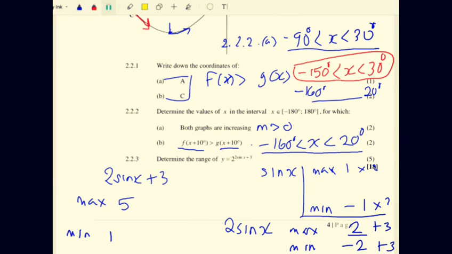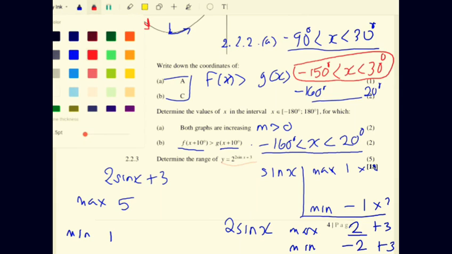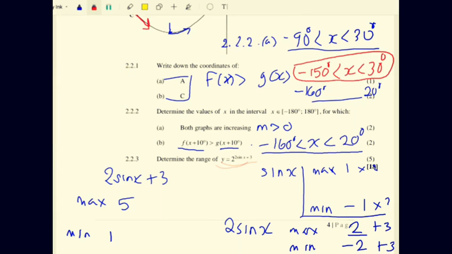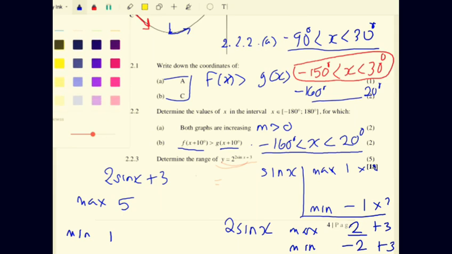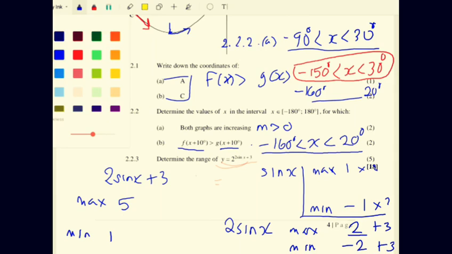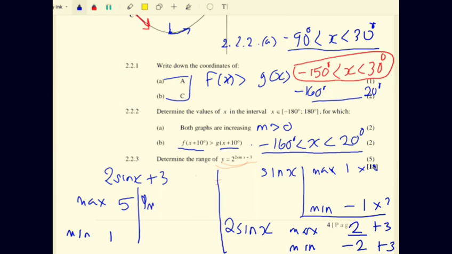So when it now comes to this particular function, the minimum value is going to be 2 to the power 1, and the maximum value is going to be 2 to the power of 5.